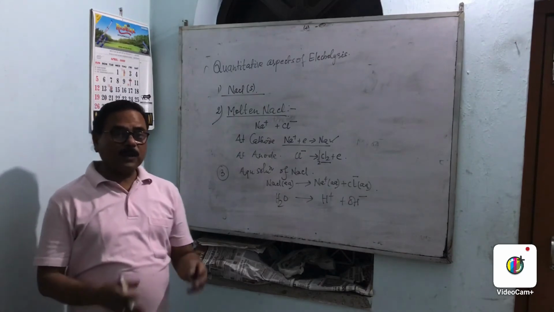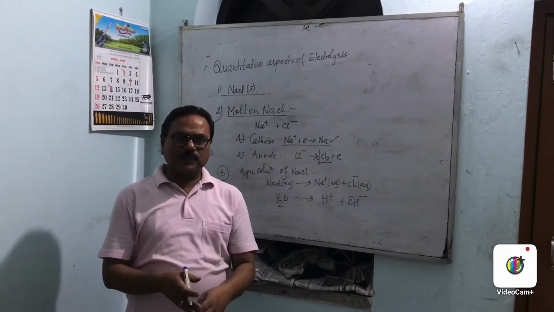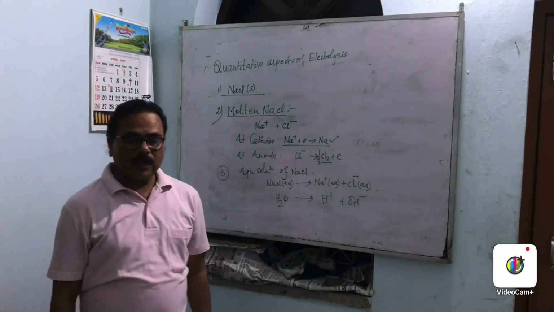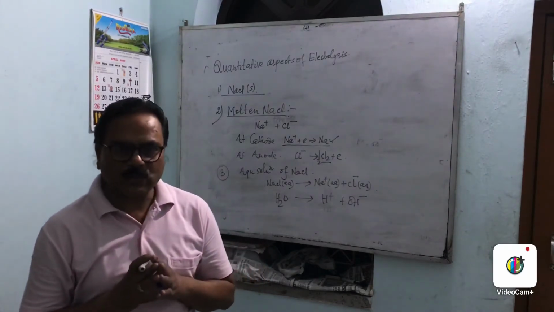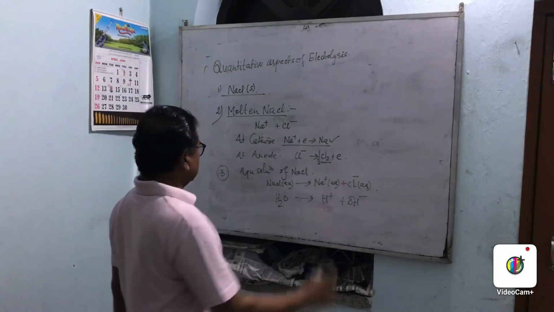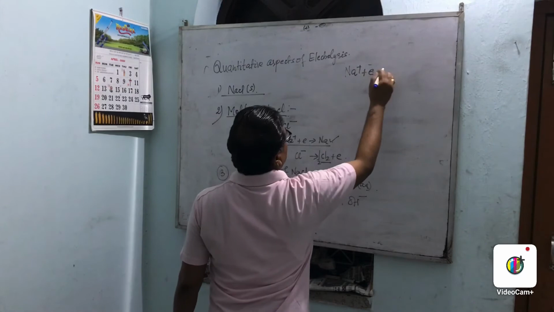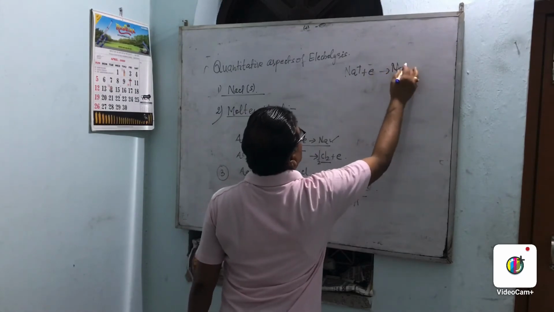Now, how are we able to decide which one takes place and which one does not? That can be decided with the knowledge of the electrode potential value. So we take the case Na plus plus electron, which will deposit at the cathode.